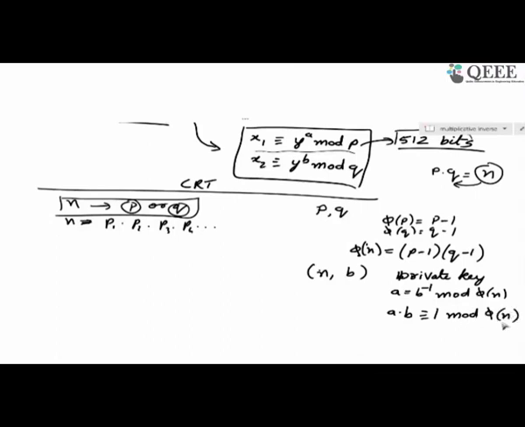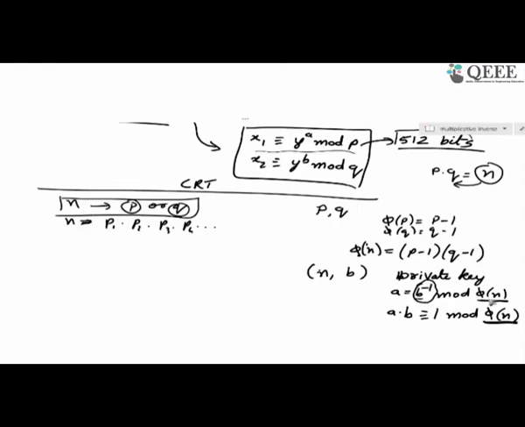So now he knows (p minus 1) into (q minus 1), therefore he can compute phi of n. He knows b because it is public, and therefore he only needs to compute b inverse.